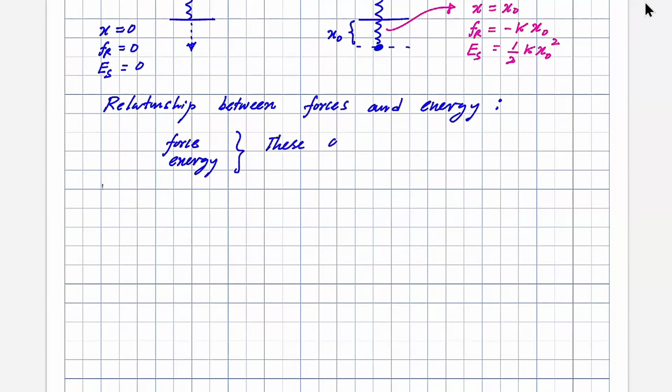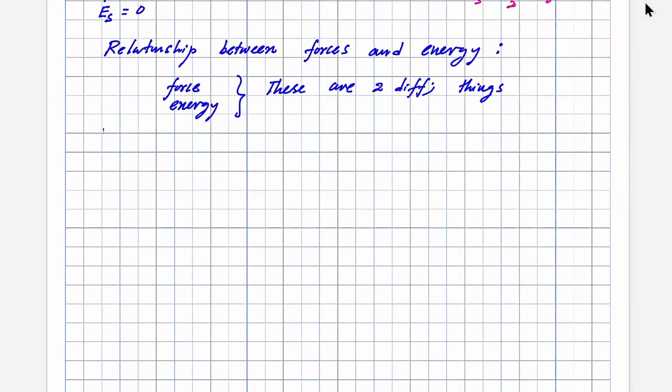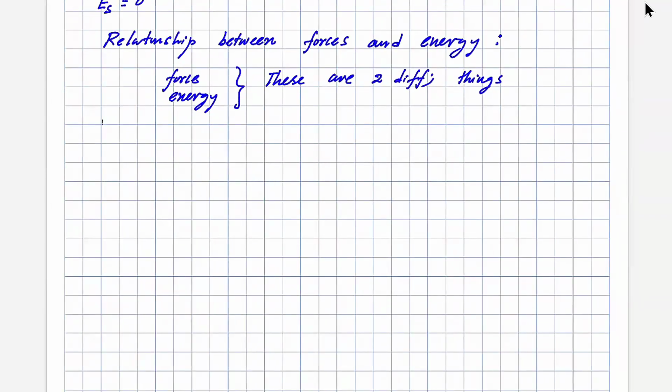These are two different things, right? So the connection is through work done.